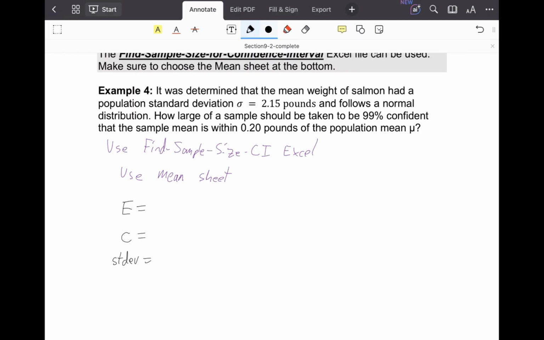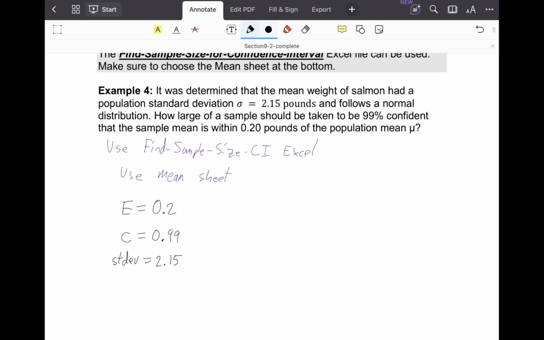We have E, this is our margin of error. And look for that word within. I'm going to put 0.2 in there. The confidence level is 99%, so 0.99. And the standard deviation, they're using a population one here, which is all right. We put 2.15 pounds in there.